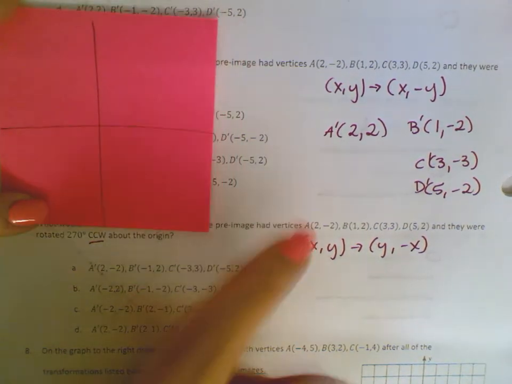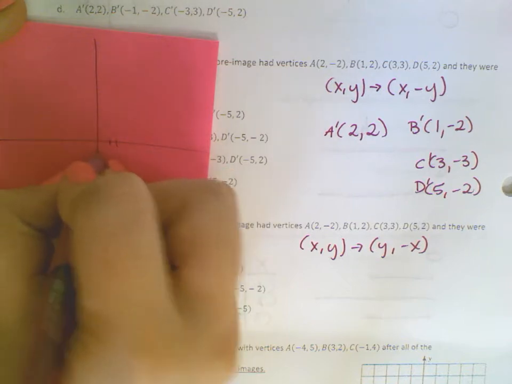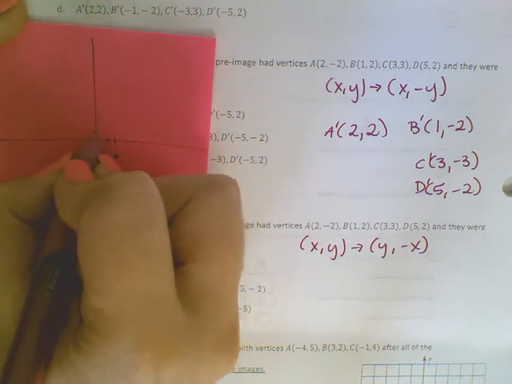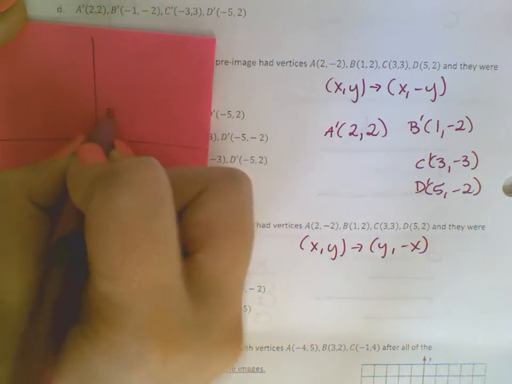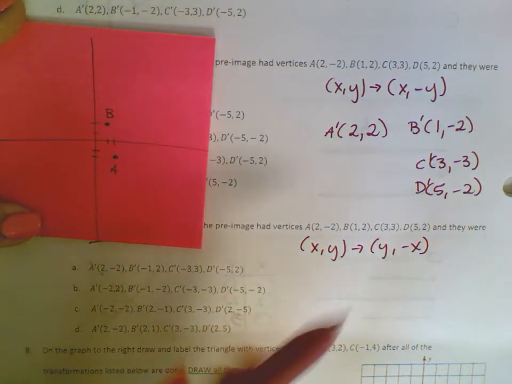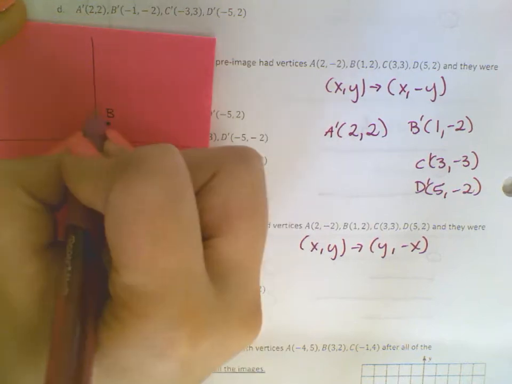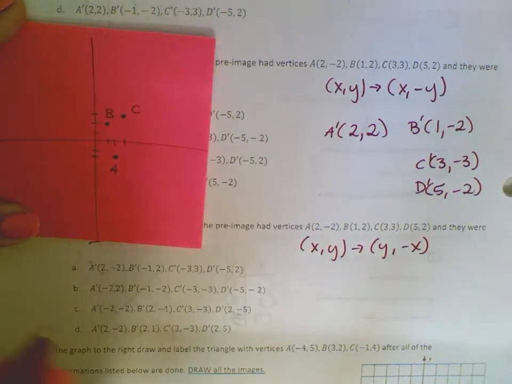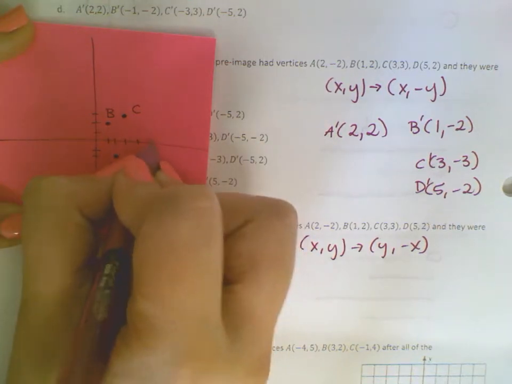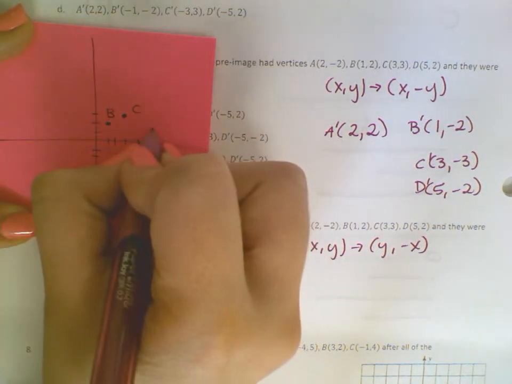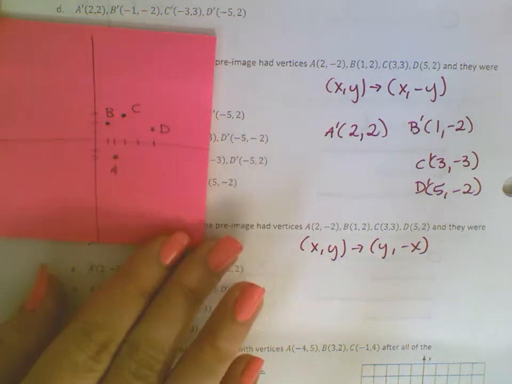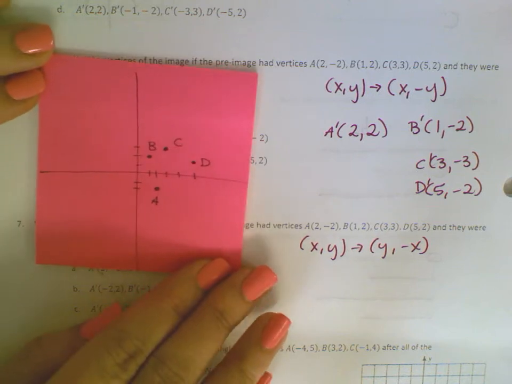If I'm going to say A is at 2, -2, B is at 1, 2, C is at 3, 3, and D is at 5, 2. If you can't remember the rule or you have a hard time with it, that's okay. Draw something out on a side piece of paper and watch.